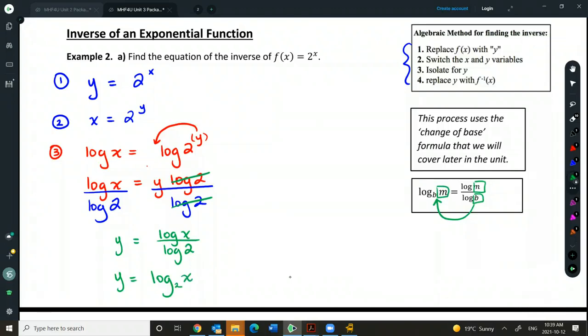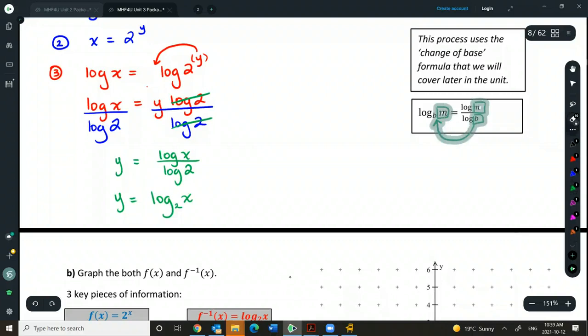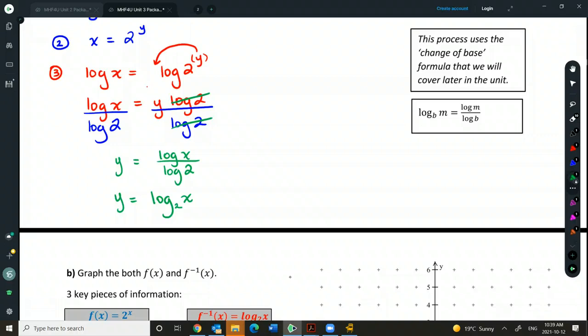So we would state this as log base 2 of x. Don't worry too much about this right now, but this is the change of base formula, and it's just going to help us understand what's coming next. We will talk more in depth about this a little later.